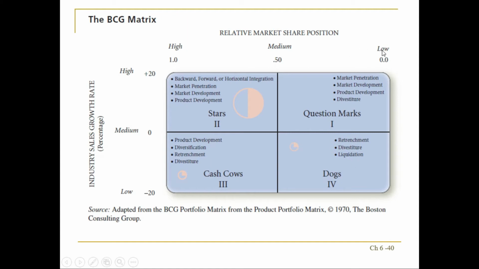And on the x-axis you can see that the market share position is scaled from 0 to 1. Obviously there is a midpoint at 50% of the market share, and on the vertical axis it is from low to high, and the medium point is 0. You can see that plus 20 and minus 20 is scaled as per the record.